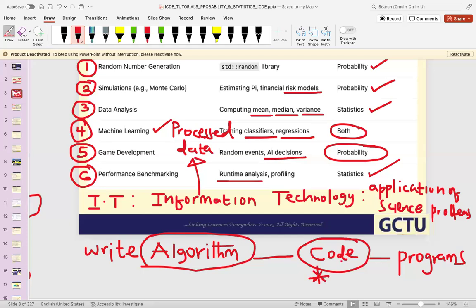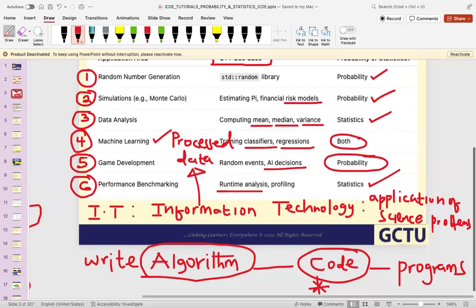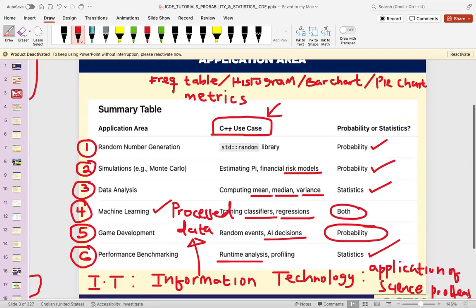How do you code the algorithm? That is why you are being taught the programming languages. You are doing C++.